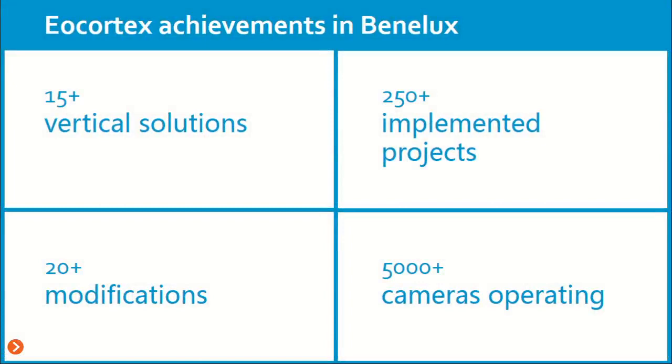We have provided our customers with solutions for more than 15 vertical markets, for example in retail, in manufacturing industry, in the airports, government facilities, logistics, private property, and many others. And we have experience involving more than 250 projects successfully implemented in the past 2 years. More than 5,000 cameras provide safety and security in a wide range of objects, and our market share continues to increase.